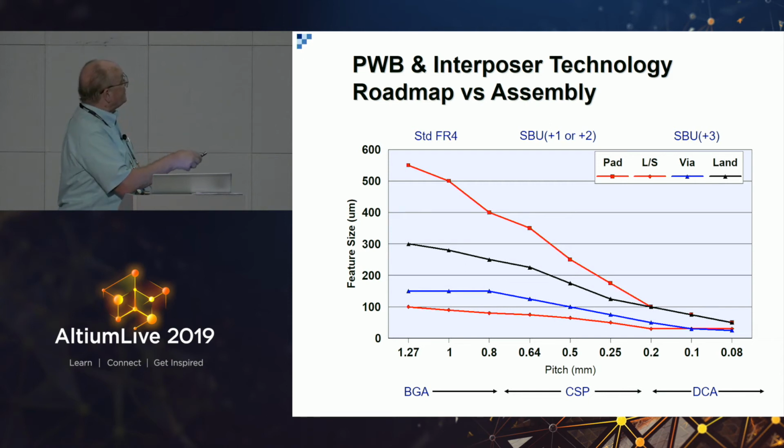And I work a lot down here at 0.1, 0.2, 0.25 millimeter, and have been working down here for the last 30 years. We started doing this nearly 30 years ago, usually on the higher performance computers, not personal computers, but most of the mobile phones from Apple are down here now as well.